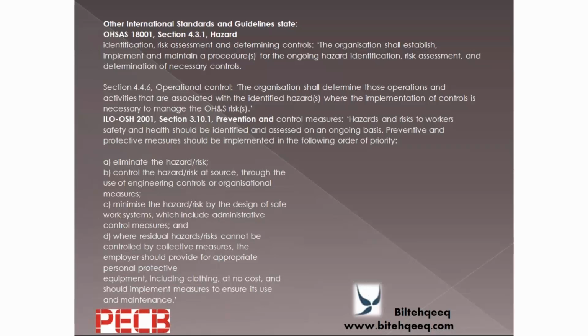And if after these controls there is some residual risk, it should take corrective and preventive action, and should use the appropriate personal protective equipment so that the user can be safe while using these hazardous chemicals.